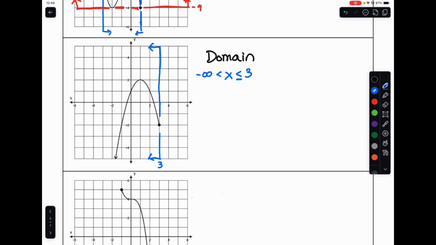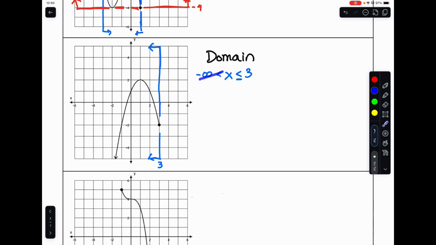Now let's translate this into an interval. Before I go into interval, on your homework assignment, this will not be marked correct if you write your answer using inequalities like this.